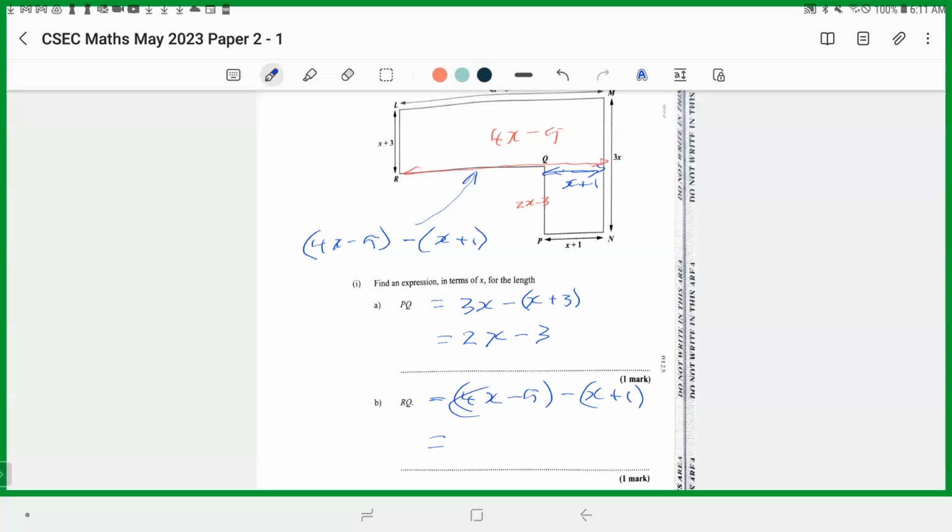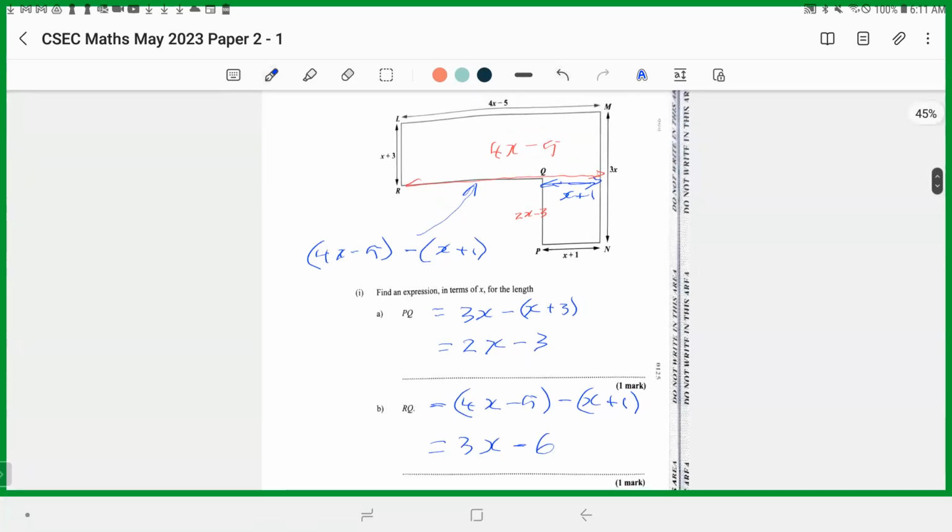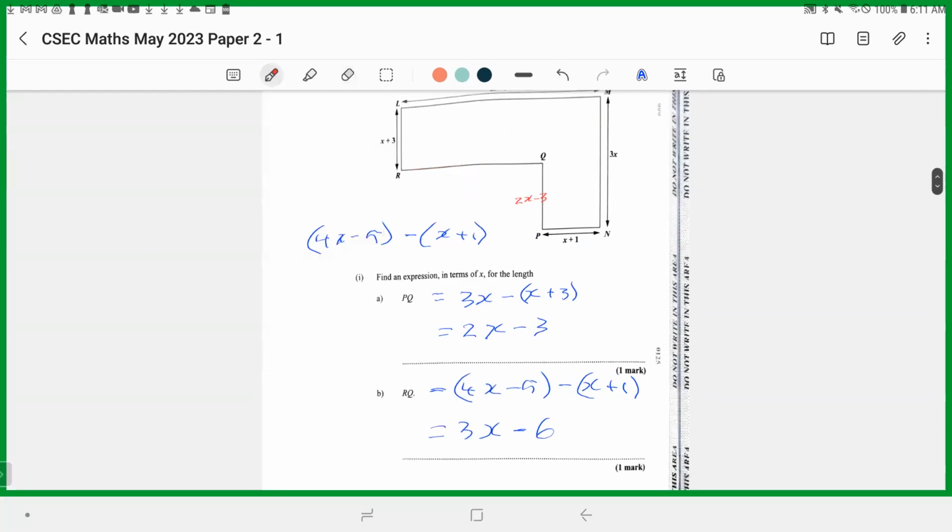And so 4x minus x is 3x. And then minus 5 and minus 1 is negative 6. That's it. And yeah, again, you can double check it because this length, put down now, is 3x minus 6 right here.